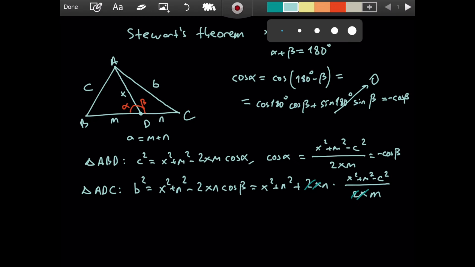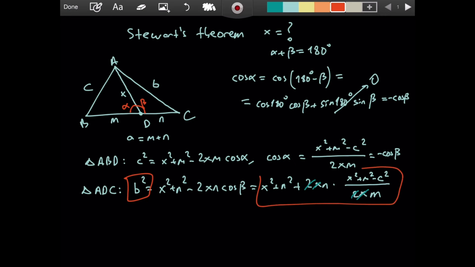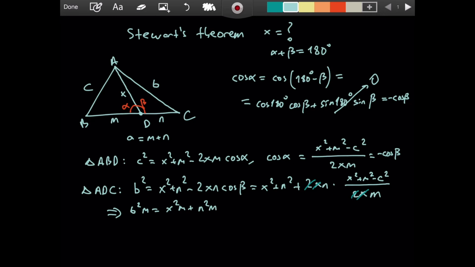Also, if we multiply both sides by m, we're going to have b squared m equals x squared m plus n squared m plus nx squared plus nm squared minus nc squared.